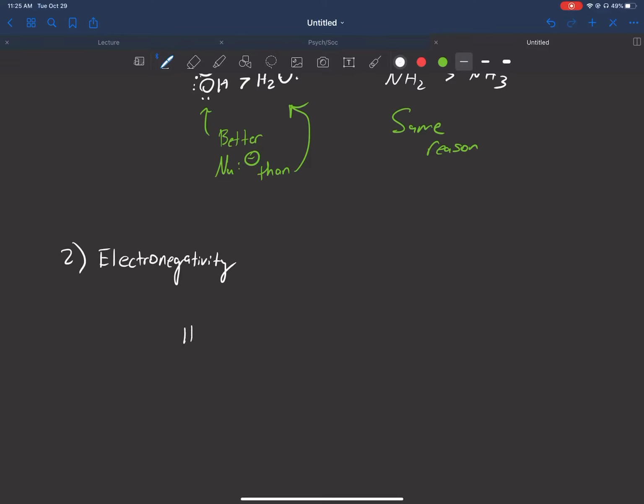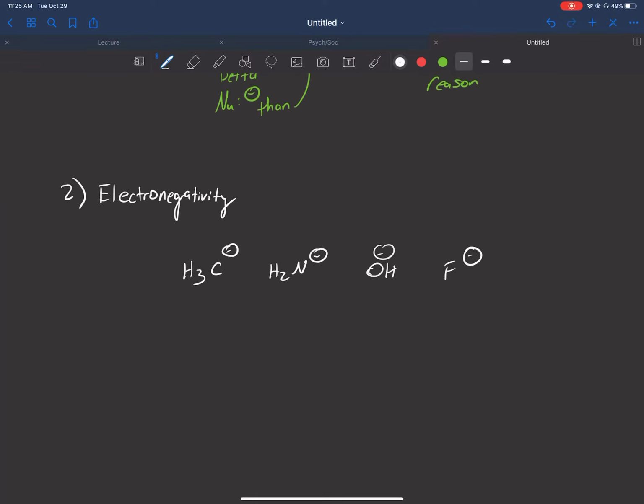So I'm going to put these 4 nucleophiles. I took carbon, nitrogen, oxygen, and fluorine. So this is going to the right of the periodic table. We know that as we go to the right, electronegativity increases, right? That means that atom has a much higher affinity for electrons. And so how does this correlate to being a good nucleophile?